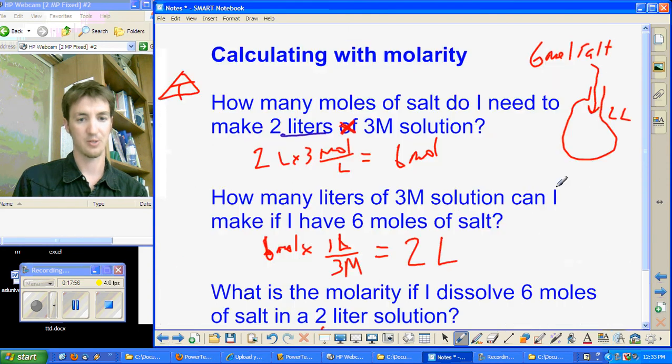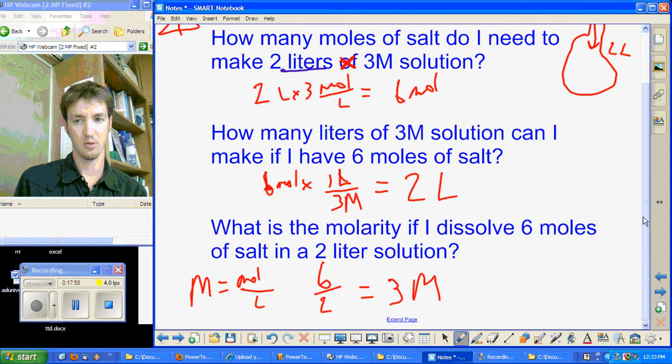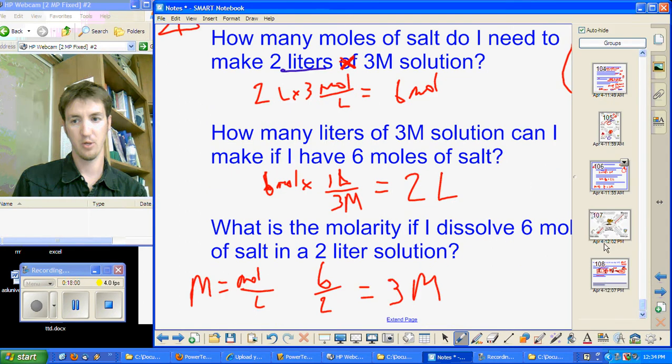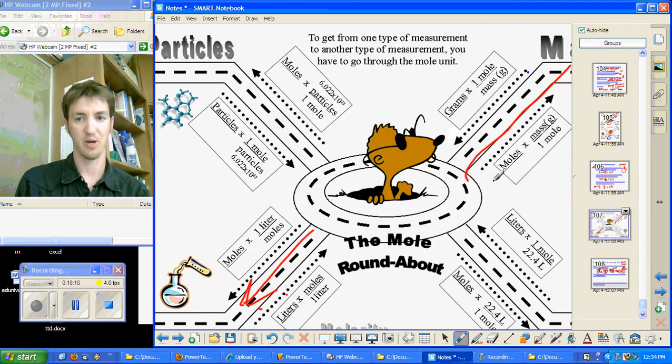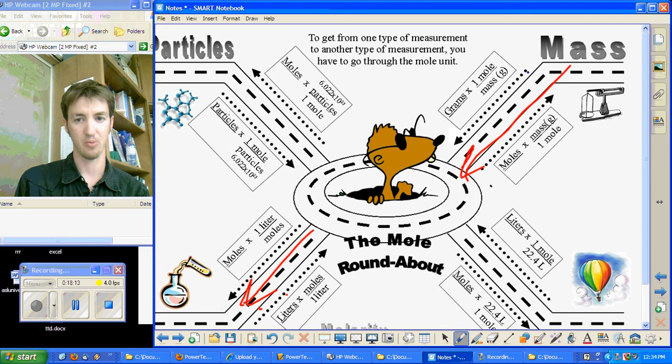Also, because I start off with grams, there is only one thing you can do with grams for the rest of the year: turn grams into moles. That is the only place it can go. So automatically, if a question gives you grams, don't even think about it, just turn it into moles. It will work 99% of the time.